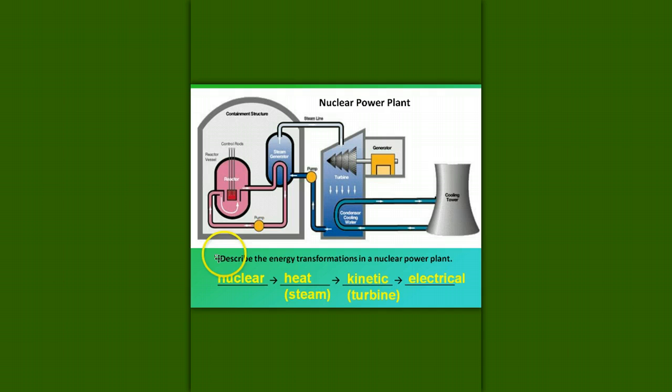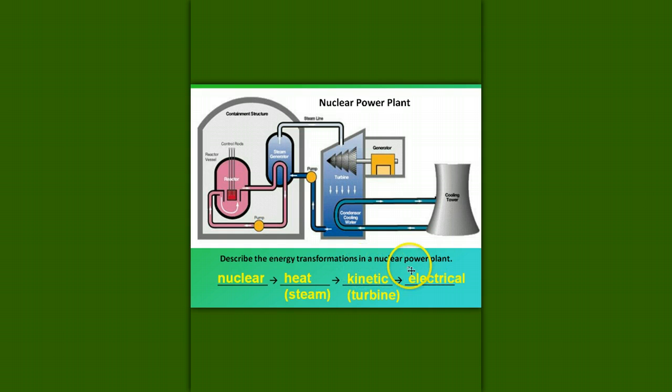So describe the energy transformation in a nuclear power plant. Nuclear energy is transformed or converted into heat or steam. Thermal energy, heat, thermal. Remember, heat is called thermal, so heat is thermal energy, changing it to steam, and then mechanical kinetic in the turbine, and then to electrical.